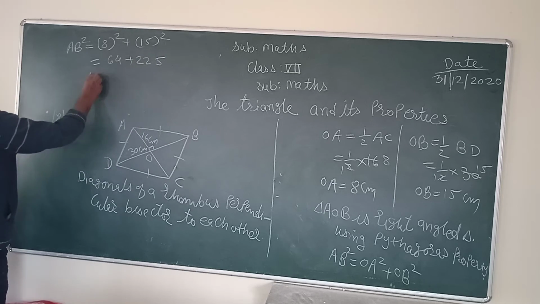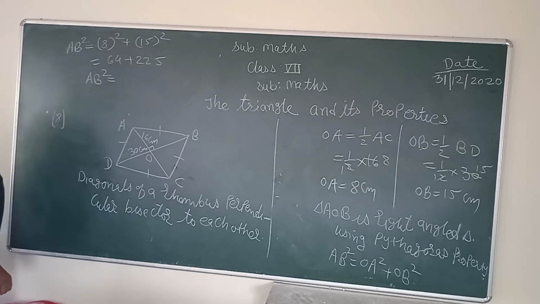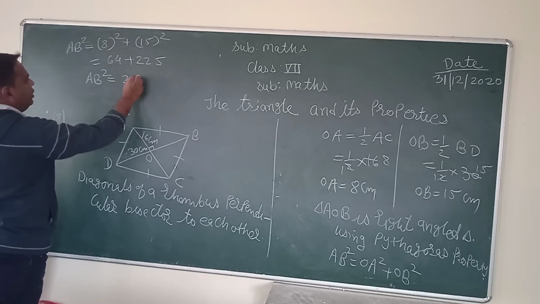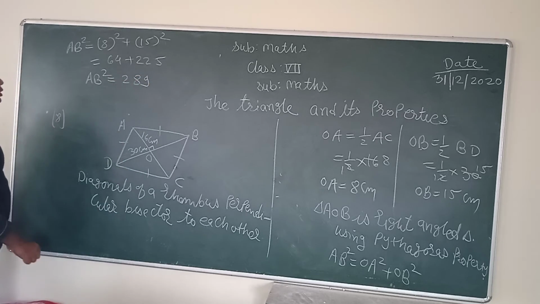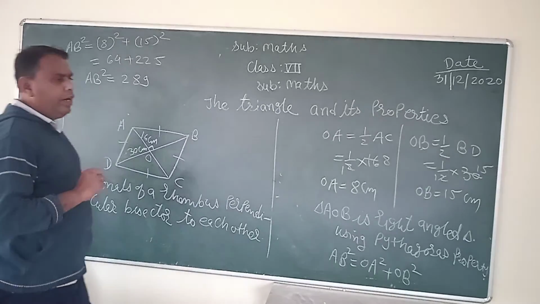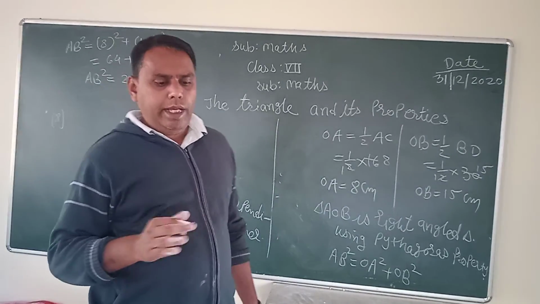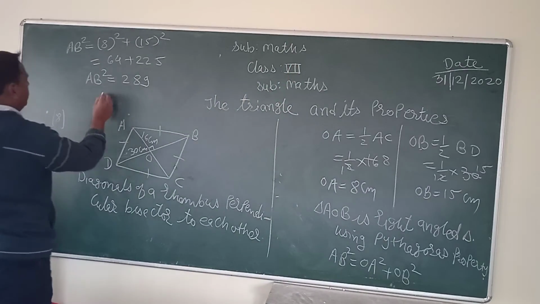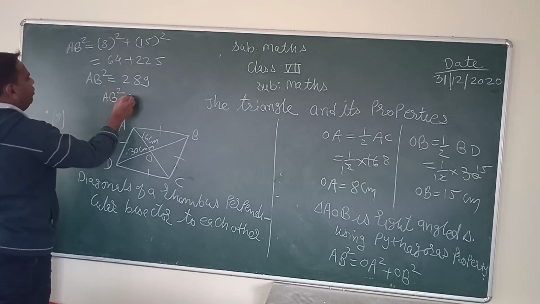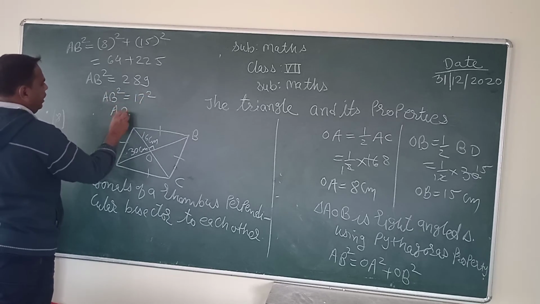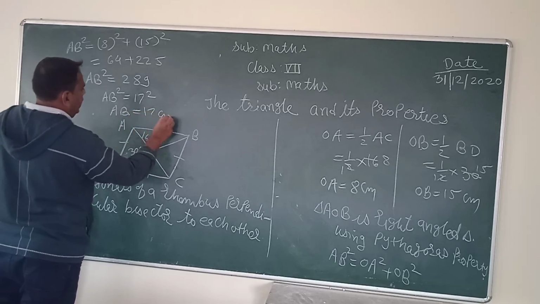And AB square is equals to 64 plus 225, means here sum is 289. It is a perfect square, students, because 289 is the square of 17. एक 17 का square. So we write here AB square is equals to 17 square, and therefore AB is equals to 17 centimeter.